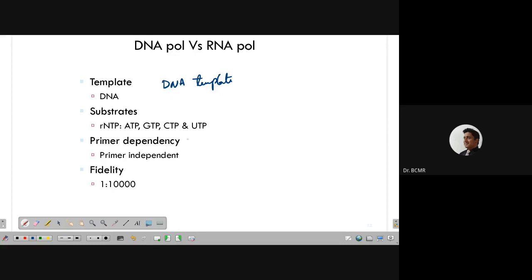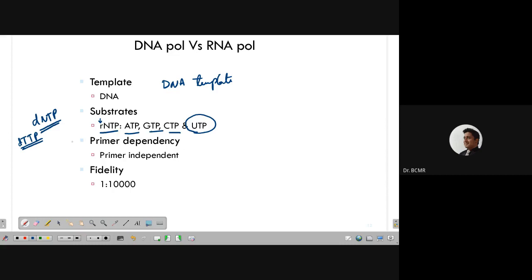The substrates are different. In DNA polymerase, the substrates are dNTPs, deoxynucleoside triphosphates, whereas for RNA polymerase, they are rNTPs. You don't have to write rNTP, but if you write it, it is easier for everybody. So ribonucleoside triphosphates: ATP, GTP, CTP, and UTP. Whereas for DNA polymerase, you would have had dTTP. Uracil and thymine.